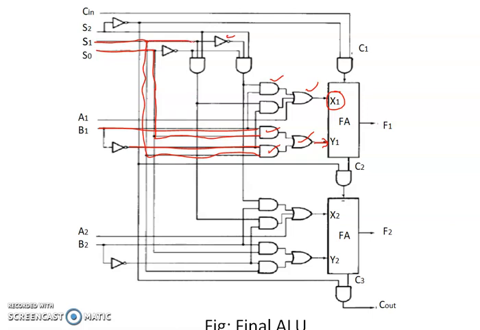It is given to this NOT gate, and again it will be fed as an input to another AND gate like this. Hence it is shared by the full adders, that is the arithmetic circuits, as well as the logic circuits.